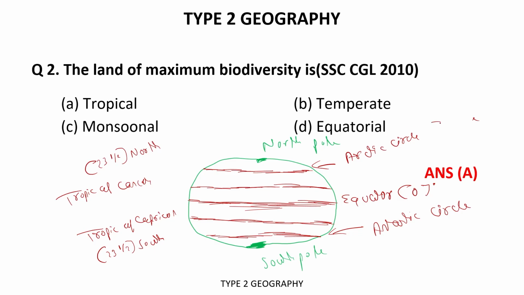Arctic Circle lies at 66 and a half degree north. Similarly, Antarctic Circle lies at 66 and a half degree south. So these areas, the tropics, whether in north or south, have the maximum biodiversity.